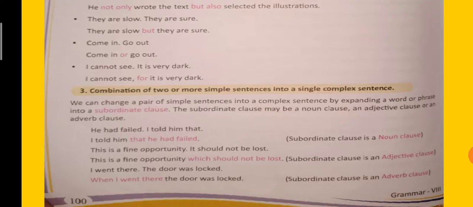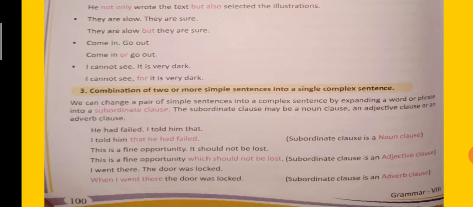We can change a pair of simple sentences into a complex sentence by expanding a word or phrase into a subordinate clause. The subordinate clause may be a noun clause, an adjective clause, or an adverb clause. Three clauses.